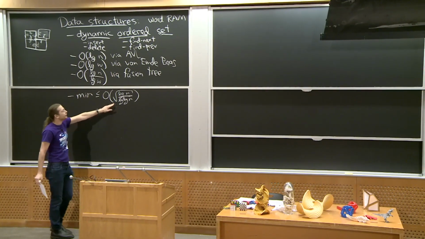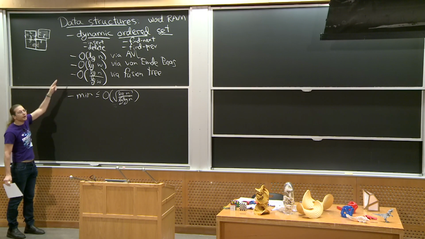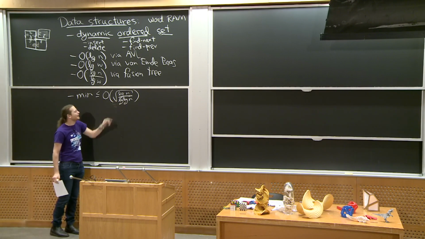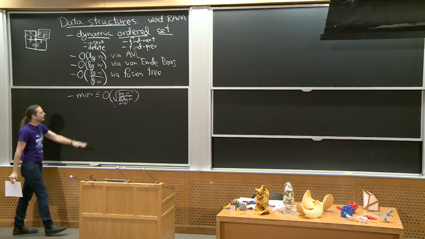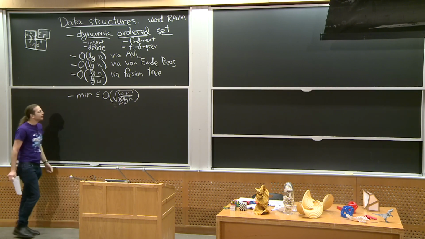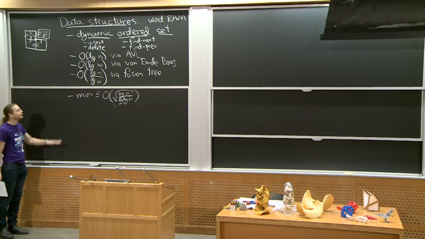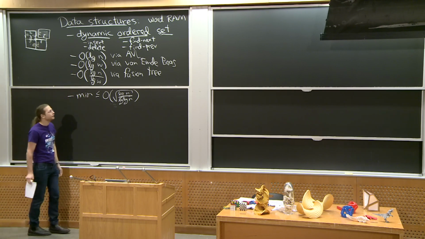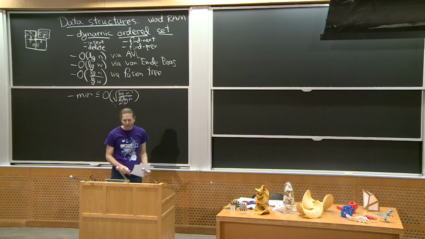And so you're always at most this, which is quite a bit better than the log n of AVL. We've got a square root, and we've got a slight thing in the denominator, pretty tiny. But the big thing is the square root, and that's kind of cool. And it turns out that's pretty much optimal. In terms of an n bound, this is optimal. The min of these two in general is roughly optimal up to like log terms.